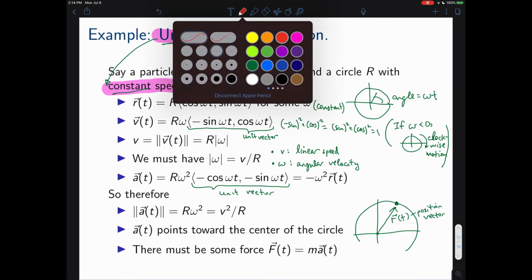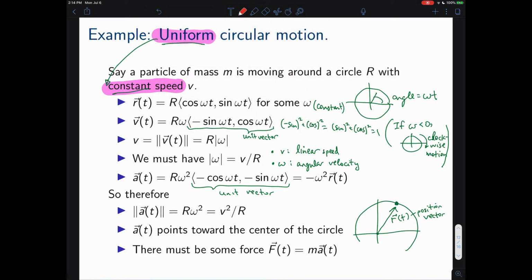And now what we're seeing is that the acceleration vector has minus omega squared r of t. So it's pointing in the opposite direction.